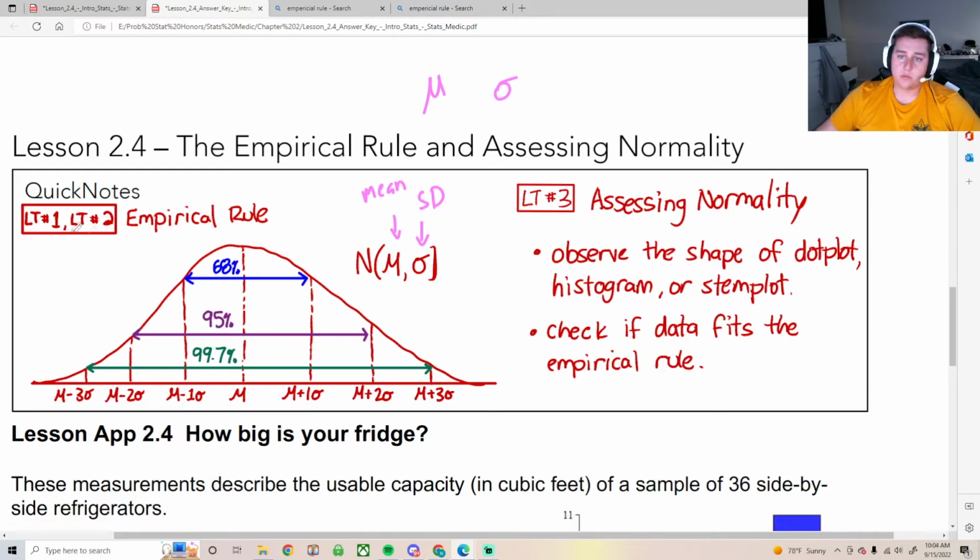So our first two learning targets are just about the empirical rule and, for the most part, memorizing these numbers and how to set up a chart like this. And then LT3 is assessing normality, talking about observing the shape, and this normal shape, this normalcy, applies to dot plots, histograms and stem plots. It applies to everything.